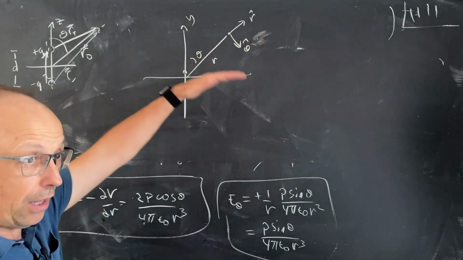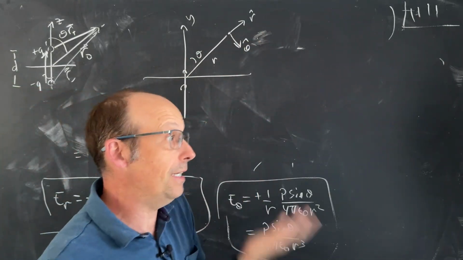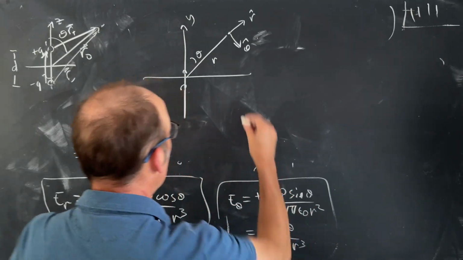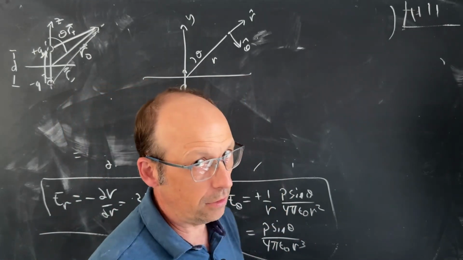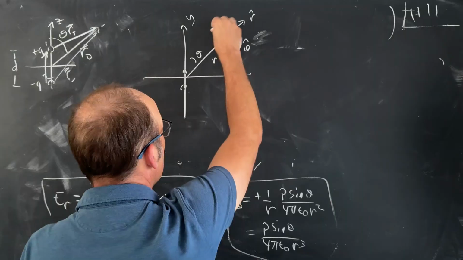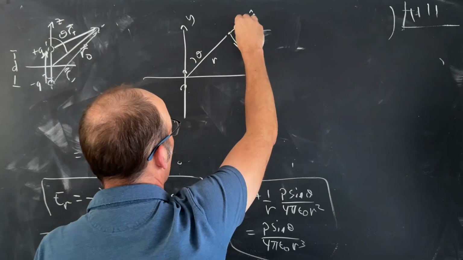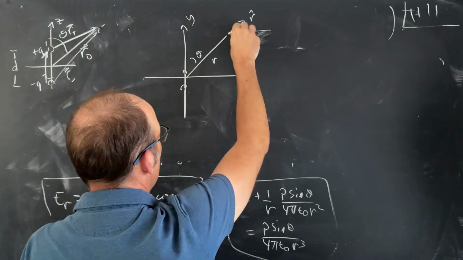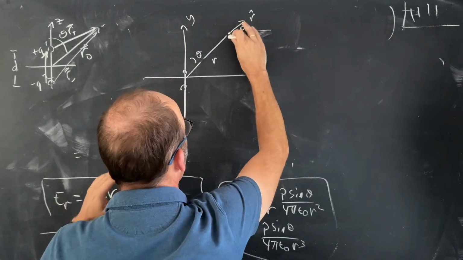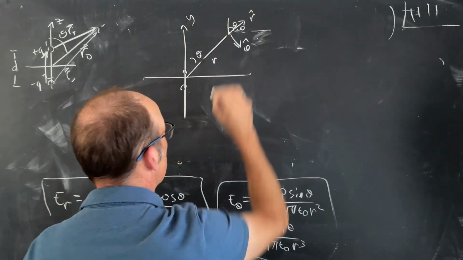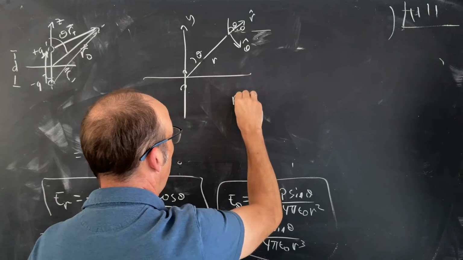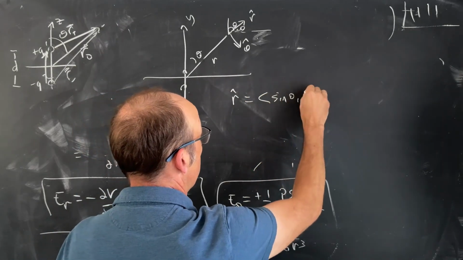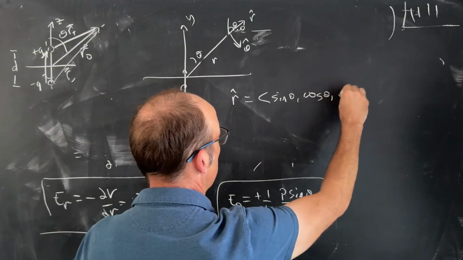But as I move around, r hat and theta hat change, and I need to get r hat and theta hat in terms of Cartesian coordinates. And there's better ways to do this, but I'm doing this the simple way. So here you can see that this angle right there is the same as that angle right there. So here I'm going to write r hat as the vector sine of theta, cosine of theta, 0.